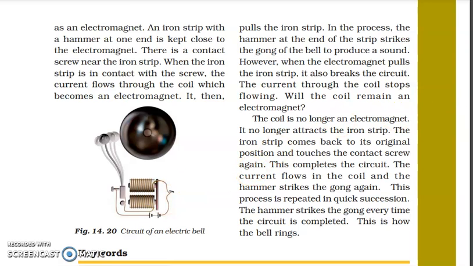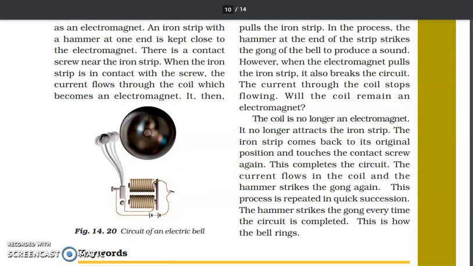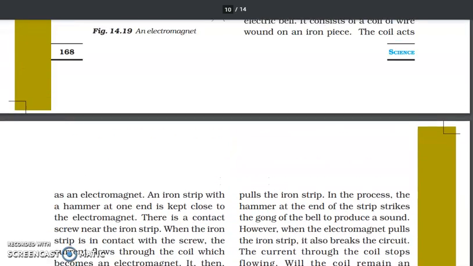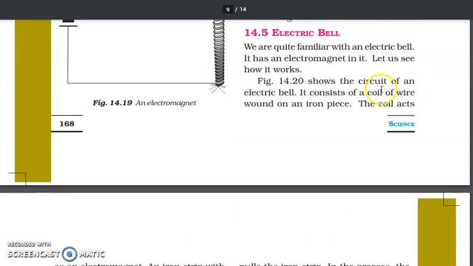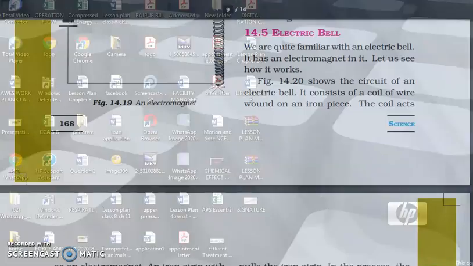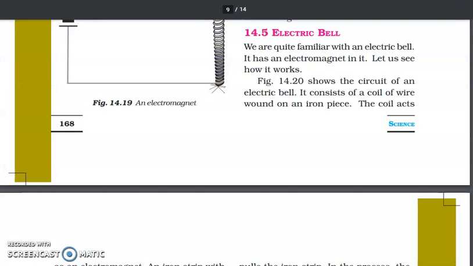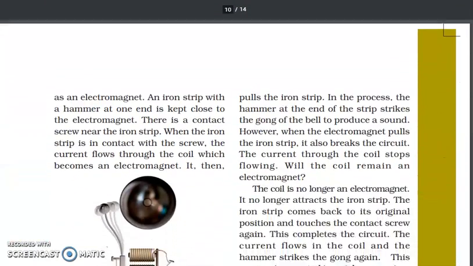So I will read it once again for you. What are the components of an electric bell? Figure 14.20 shows the circuit of an electric bell. It consists of a coil of wire wound around an iron piece. The coil acts as an electromagnet.